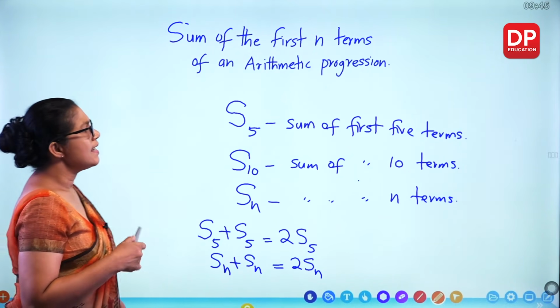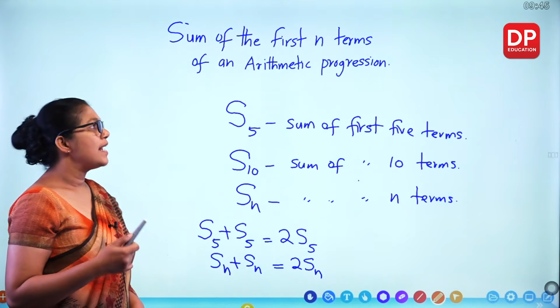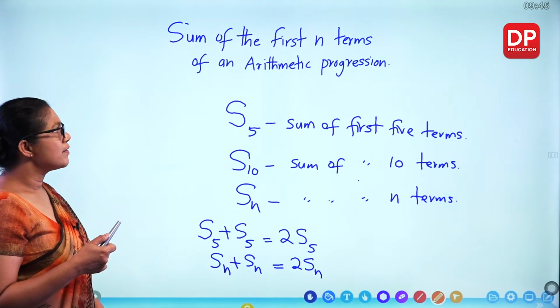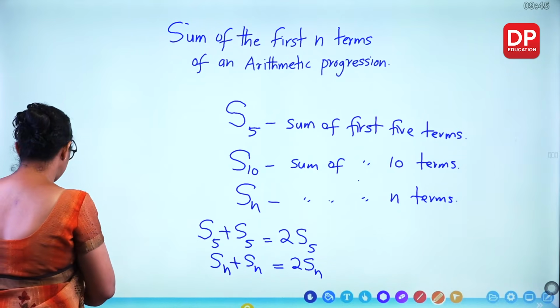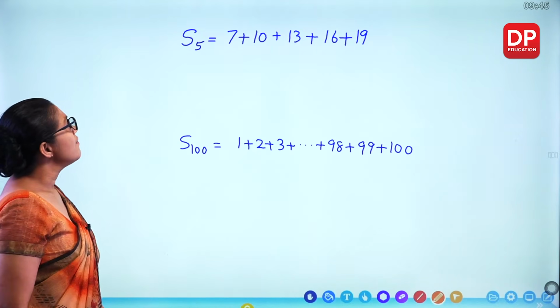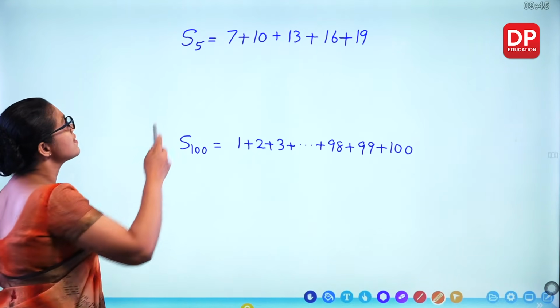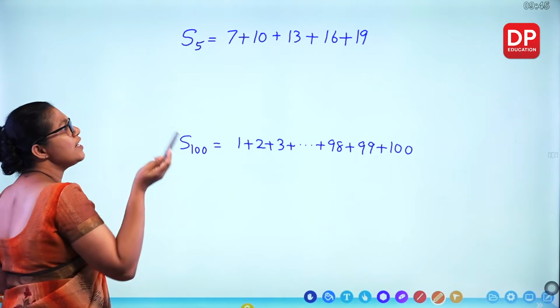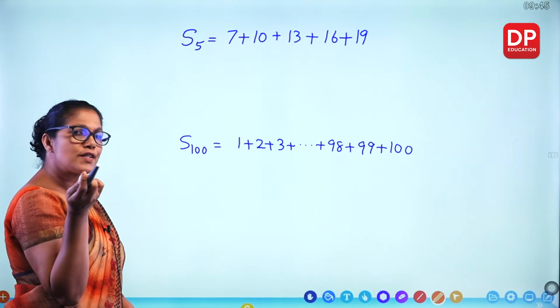So we'll see how we can form an equation to find the sum of the first n terms of an arithmetic progression. We'll take this one. The sum of 5 terms is given. So we need to find an expression for S5.